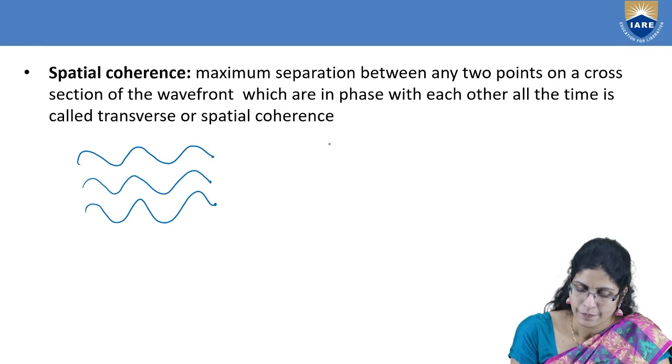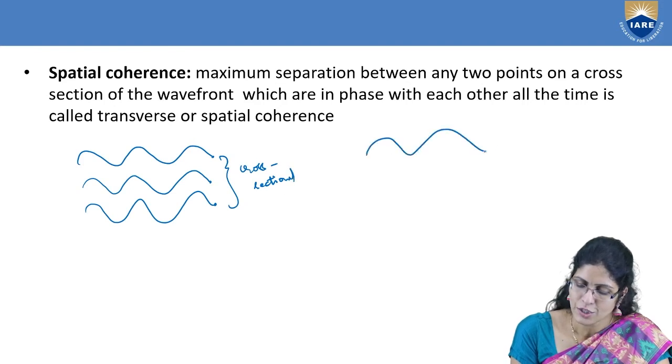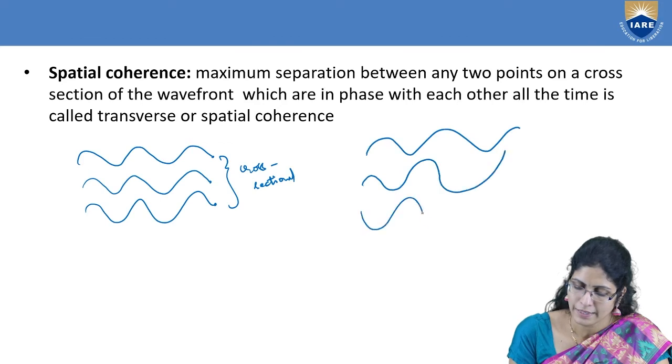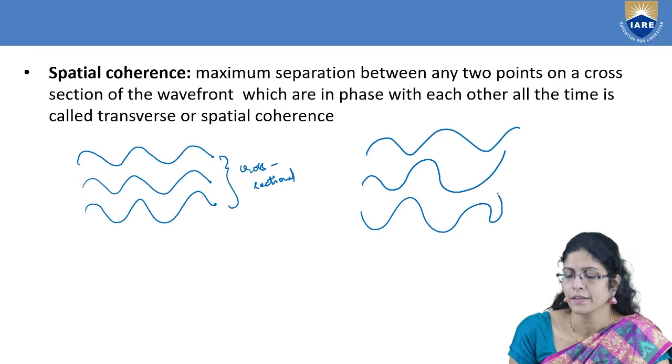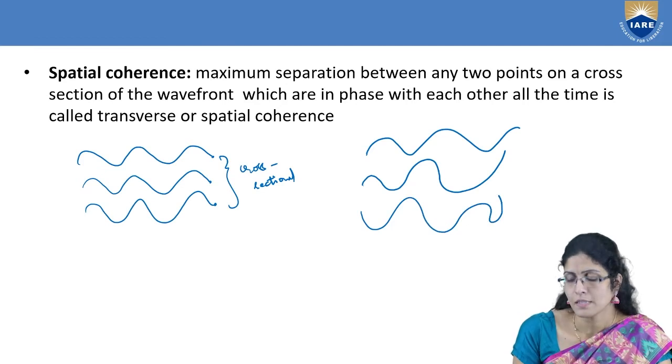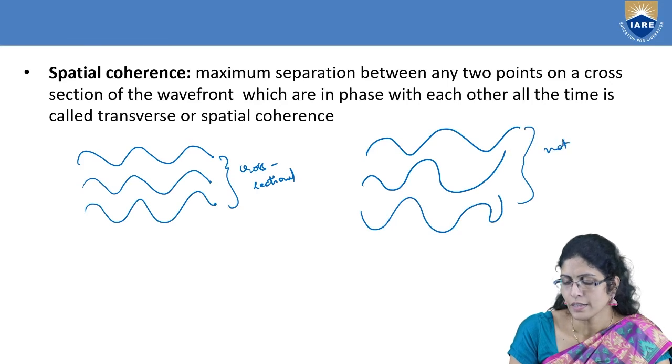Suppose this is the cross-sectional area of the output. If I get some radiation out like this and something like this, then what does this mean? When you look at the cross section, there is no coherence.